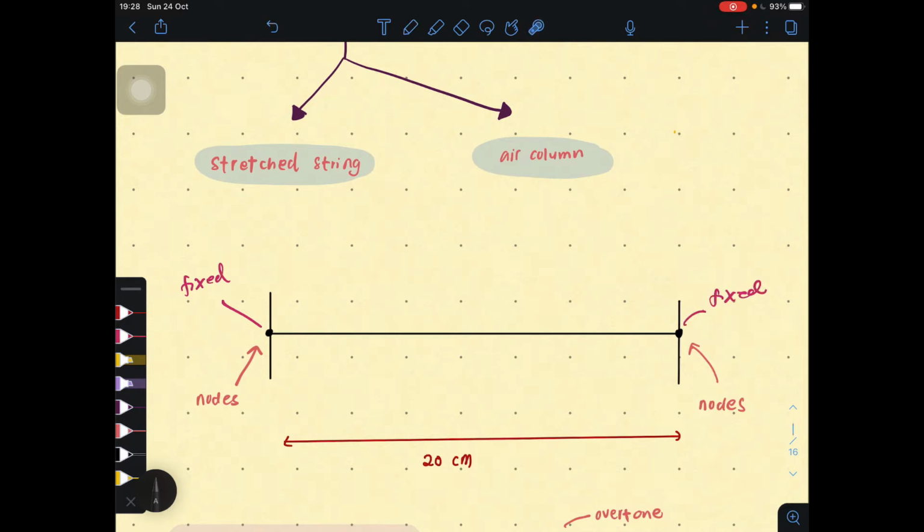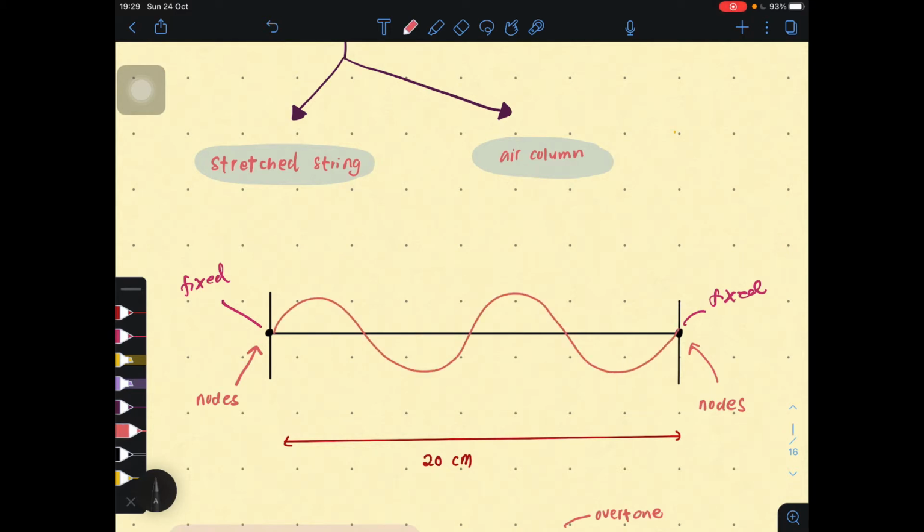So when we pluck the string, apabila kita pluck the string, what happens is this string will vibrate. This vibration of the string will produce a sound wave. The sound wave will look something like this.